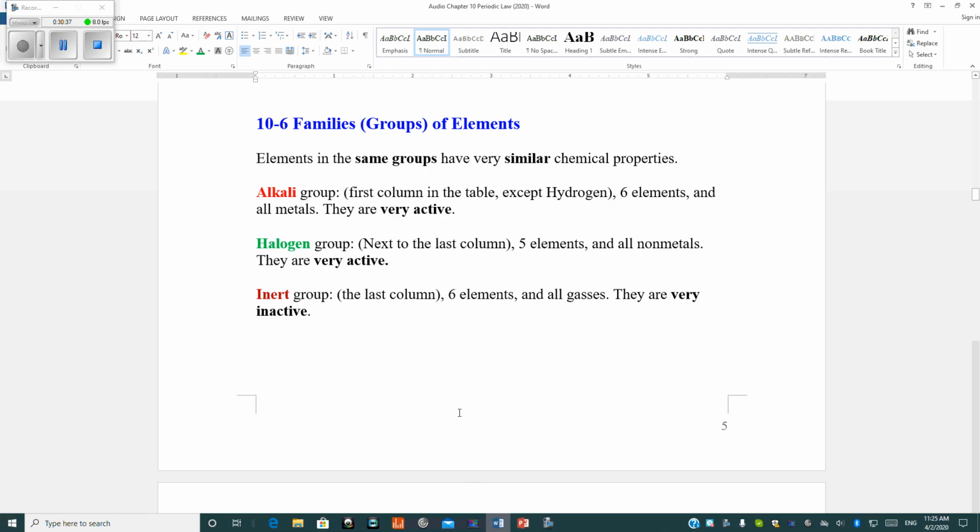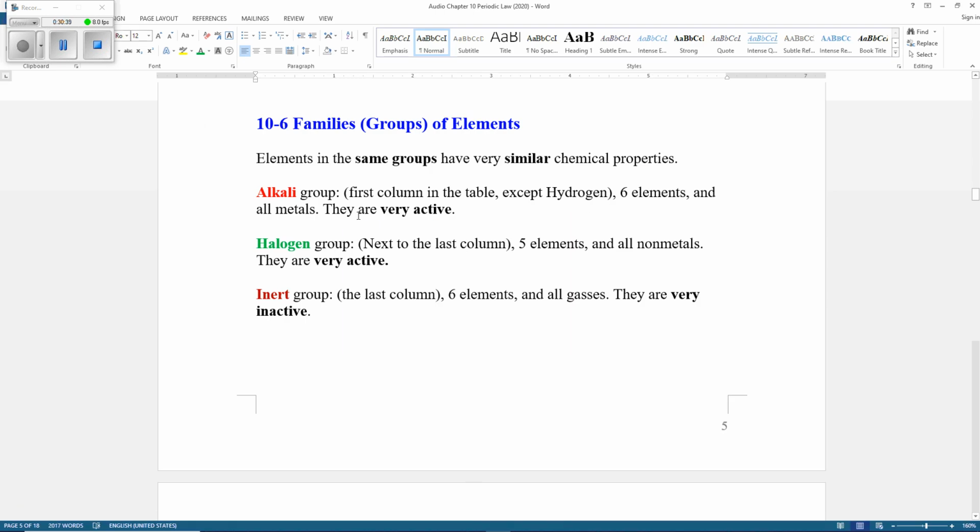You should pay attention. You should know which ones are active metal, active non-metal, the most active metal and non-metal, and most inactive elements. And we will discuss why they are active or inactive later.